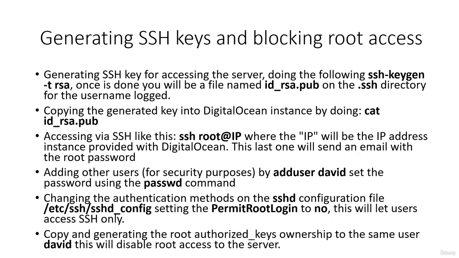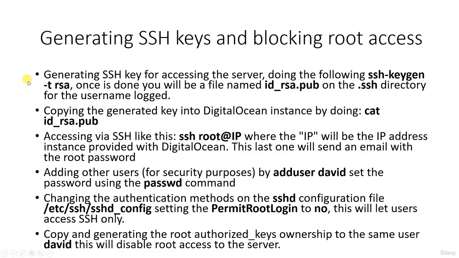So, generating SSH keys and blocking root access, which means the minimum security control. First, generate SSH keys for accessing the server using this command. The bold text is for the command, for terminal purposes.